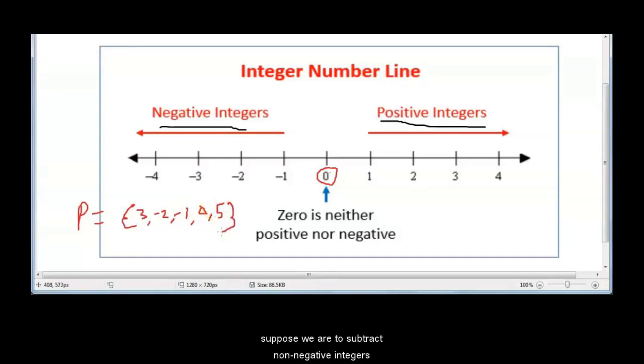Now, suppose we are to extract non-negative integers from the set P, then we will end up with 3, 0 and 5. This means that 0 is not negative, yet it is taken along with the set of positive integers.